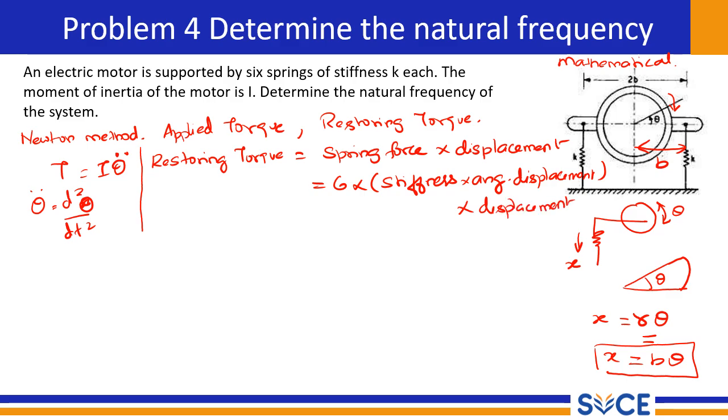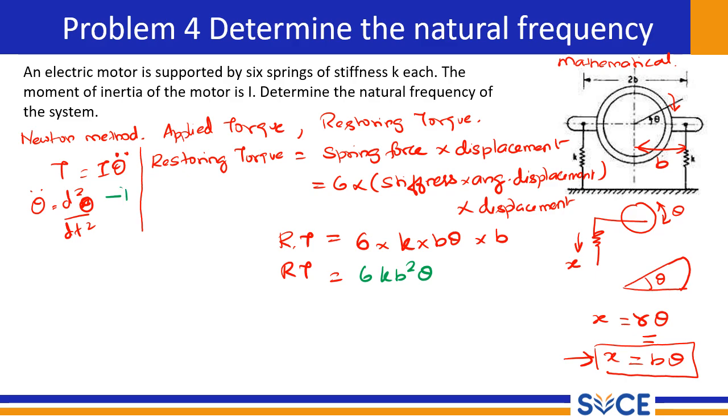When I substitute, the restoring torque equals 6 into stiffness, which is always represented by K, into the displacement b theta, into the distance b. So the restoring torque is 6K b square theta.